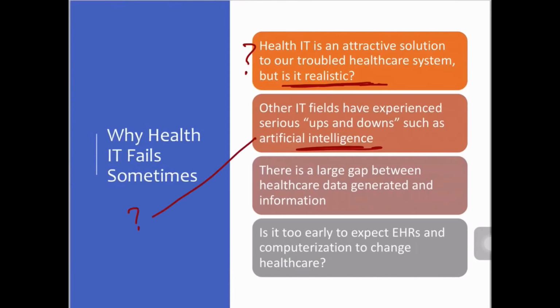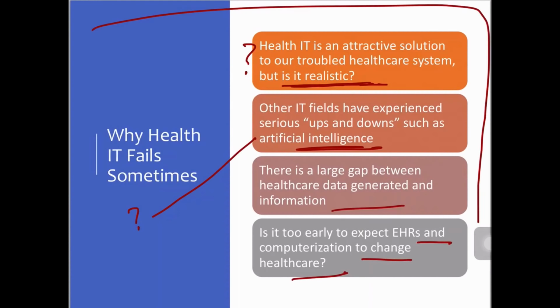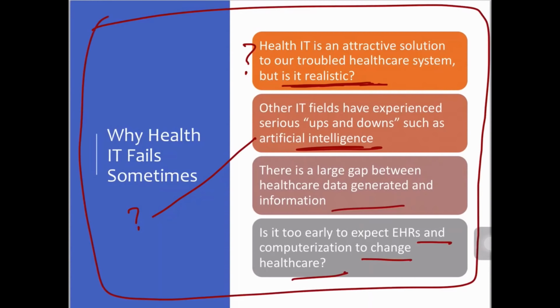And now the serious question on artificial intelligence: should we rely on AI systems in clinical decision support systems? There is also a large gap between healthcare data generation and information. And is it too early to expect EHR and computerization to change healthcare? Basically, these are questions for you as well, working in the healthcare system, to think about: where do we stand at this time?